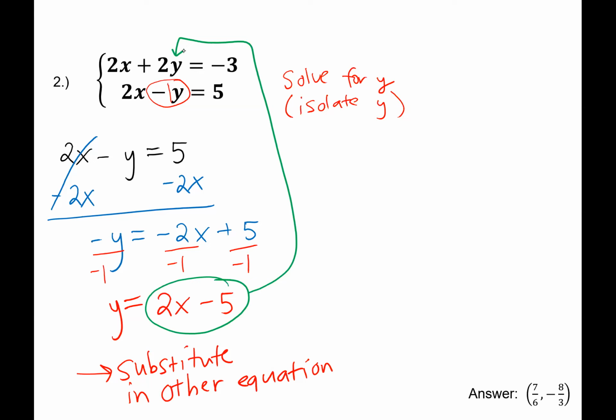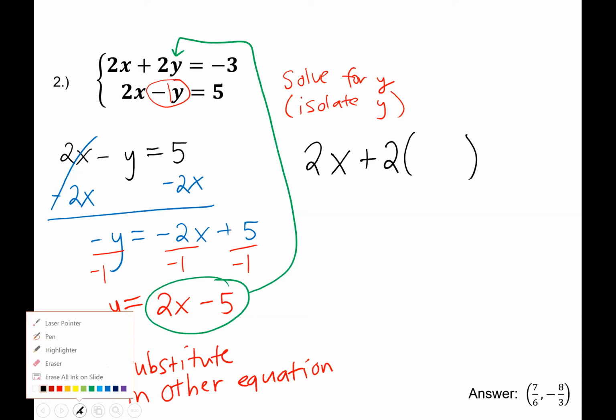When I rewrite, instead of 2x plus 2y, we're going to have 2x plus 2, and then parentheses. The parentheses is taking the place of the y. In those parentheses, that's our substituting, that's our replacing.